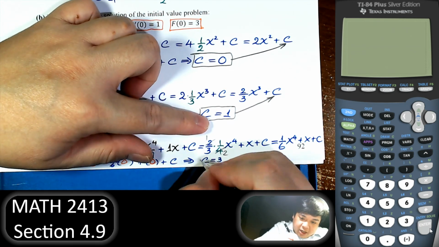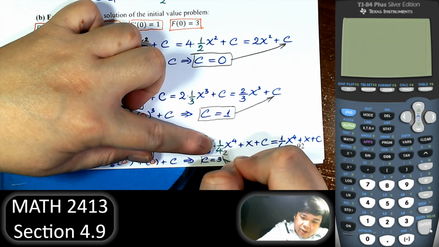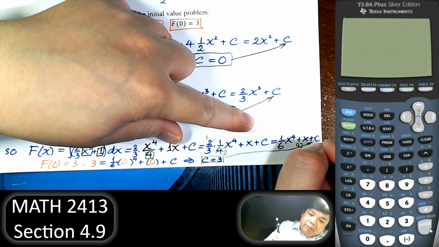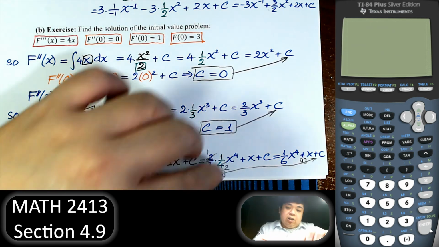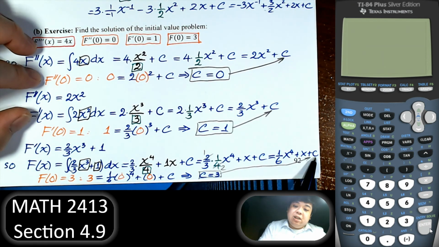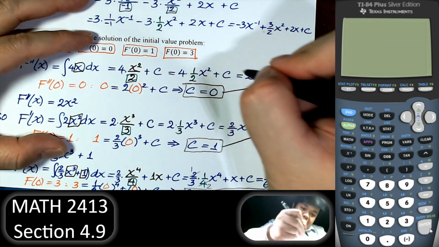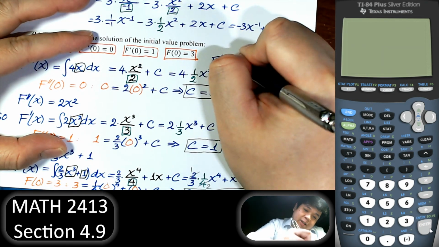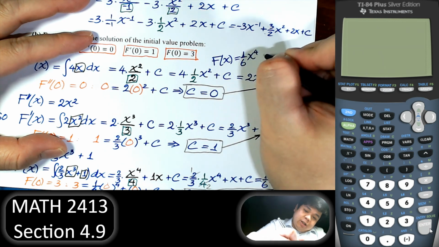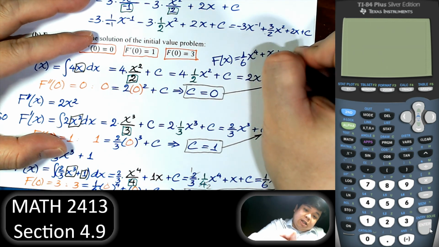And we substitute that, c equal to 3, into here. The equation runs out of space, but it will be that plus c is 3. So we have f of x equal to 1 over 6 x to the 4th plus x plus 3.